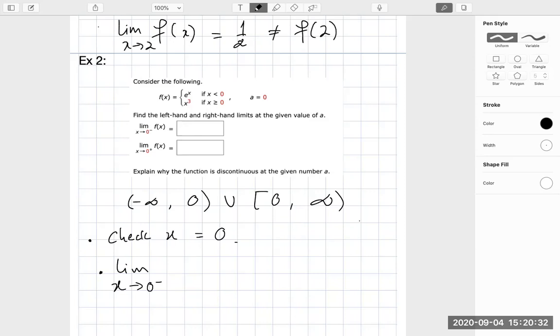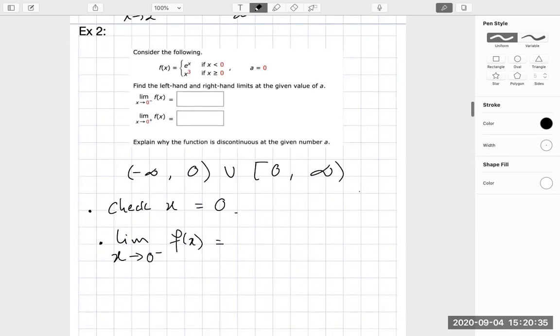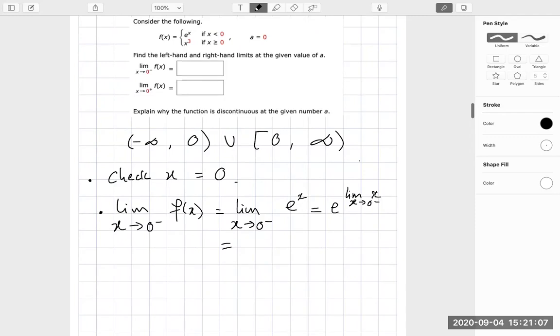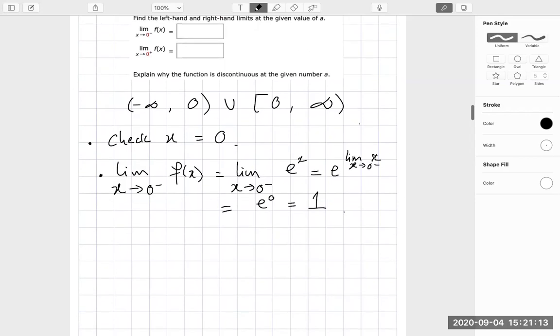When x approaches 0 from the left, the function f of x is defined as e to the x. Therefore, this function is continuous at 0, so we simply substitute the value. It is e to the limit of x when x approaches 0 from the left, which will be e to the 0, that is 1. That is the left-hand limit.